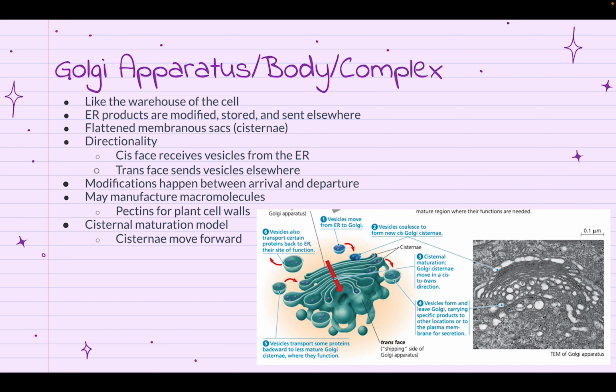Then there is a very interesting model that's been proposed called the cisternal maturation model, in which the cisternae themselves actually move forwards as part of the process. The best estimation for what actually happens is a combination of them staying still and moving forwards. Here are just some pictures. This is a microscope picture.